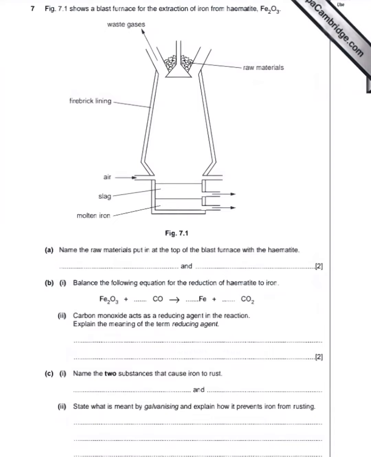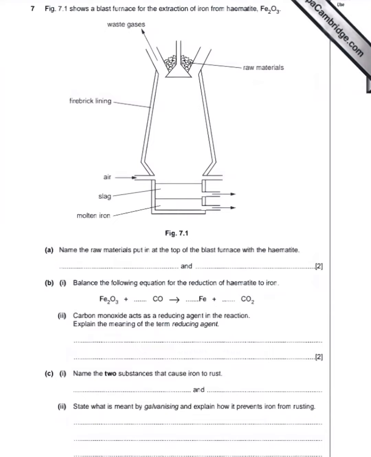Let's come to raw materials. Raw materials are just materials which are injected in the blast furnace. So they inject what? Haematite. If you don't have haematite, you can also use magnetite. Haematite and magnetite are iron ores, the materials where you can get iron. Apart from iron ores, we also have limestone, which is calcium carbonate.